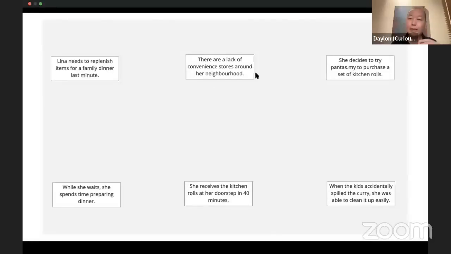So that's the challenge. So she decides to try this new website to purchase a set of kitchen rolls, for example. And then that's the story of how she resolved it, where the solution is presented: she just needs to wait for 40 minutes and she has a kitchen roll at her doorstep. And then when her kids accidentally spilled the curry, she was able to clean it up easily.